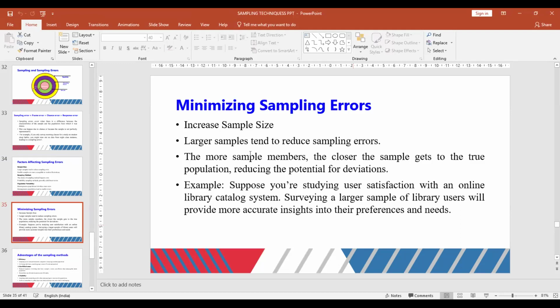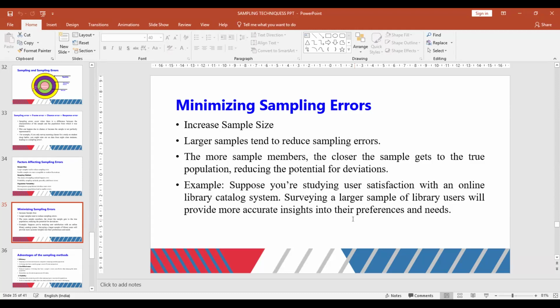So we should always be careful and increase the sample size if we want more accurate information. Now we have discussed all the things about sampling.